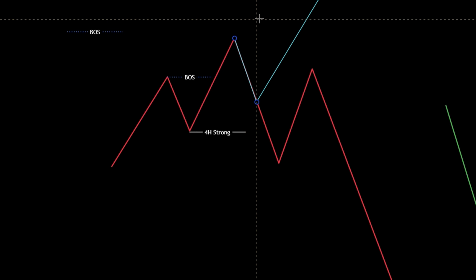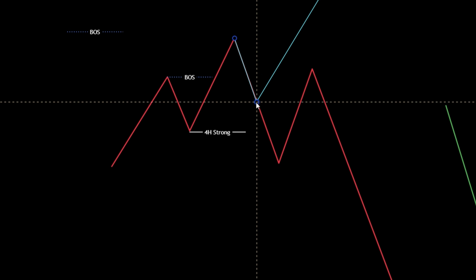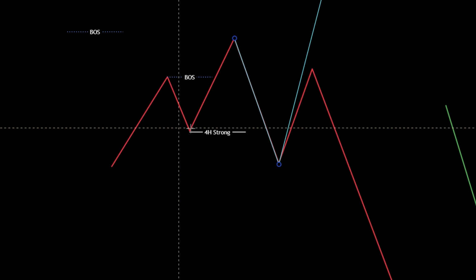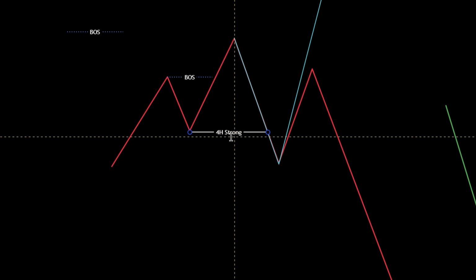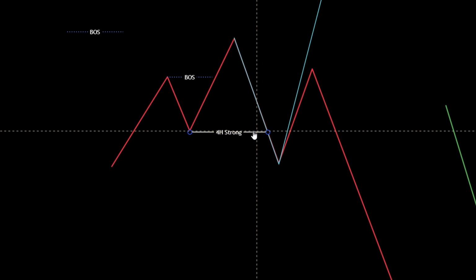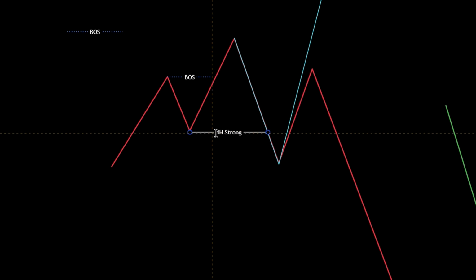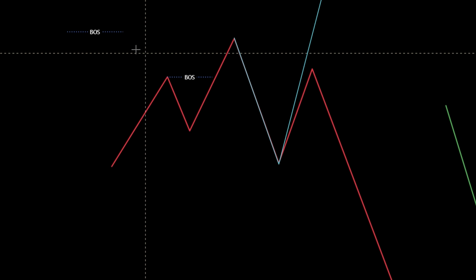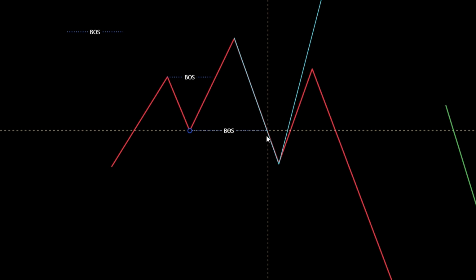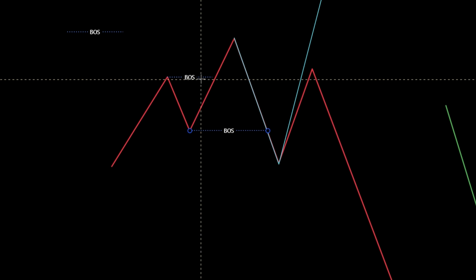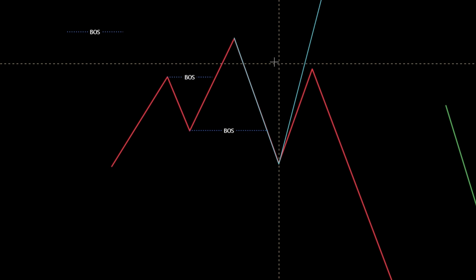But what we get here instead is the price comes down and breaks through this 4-hour strong low. Now, what does that mean? Instead of being a strong low, what we have in its place is a break of structure to the downside. That's the opposite of what we were expecting.